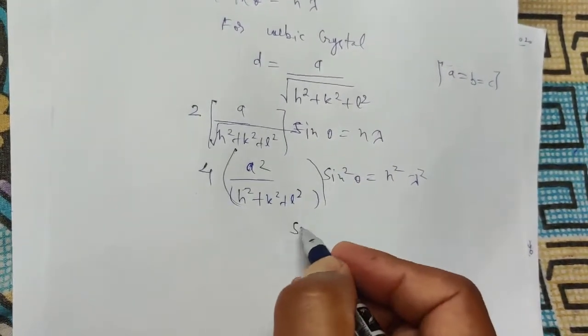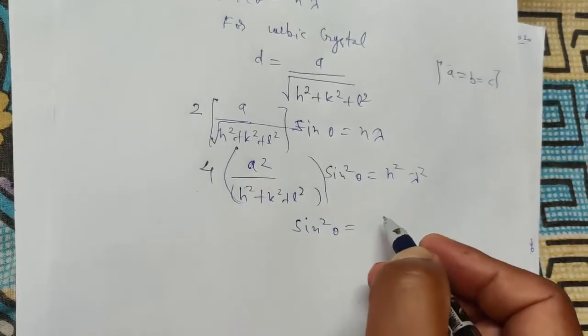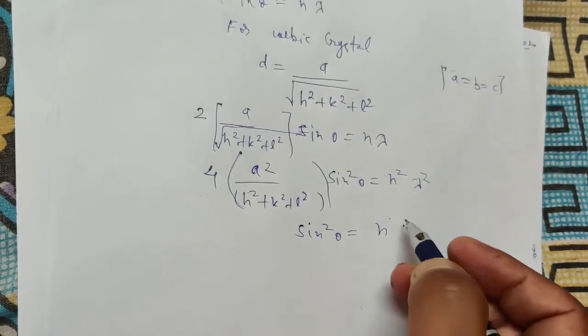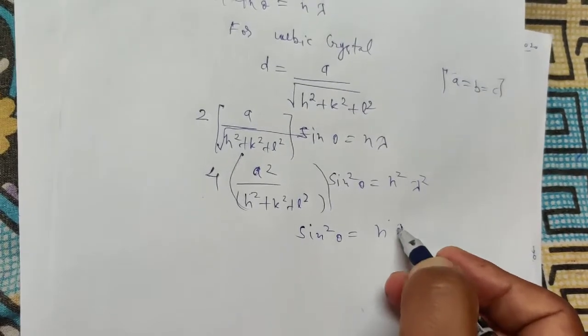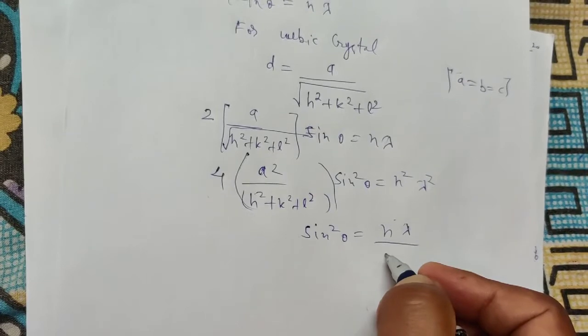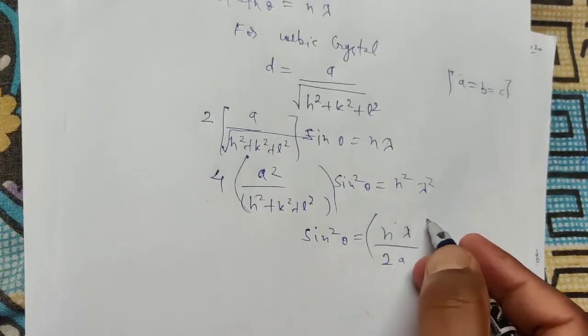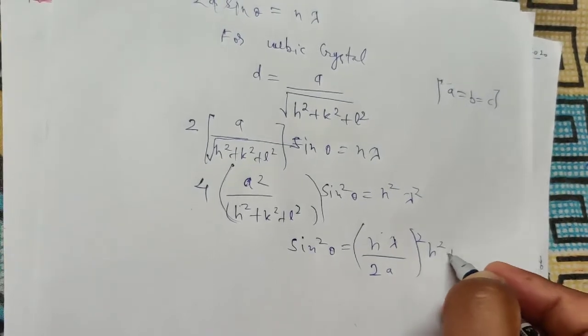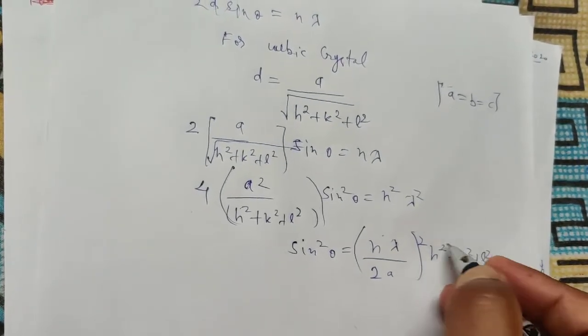So sine square theta will be n lambda upon 2a, whole square, into h square plus k square plus l square.